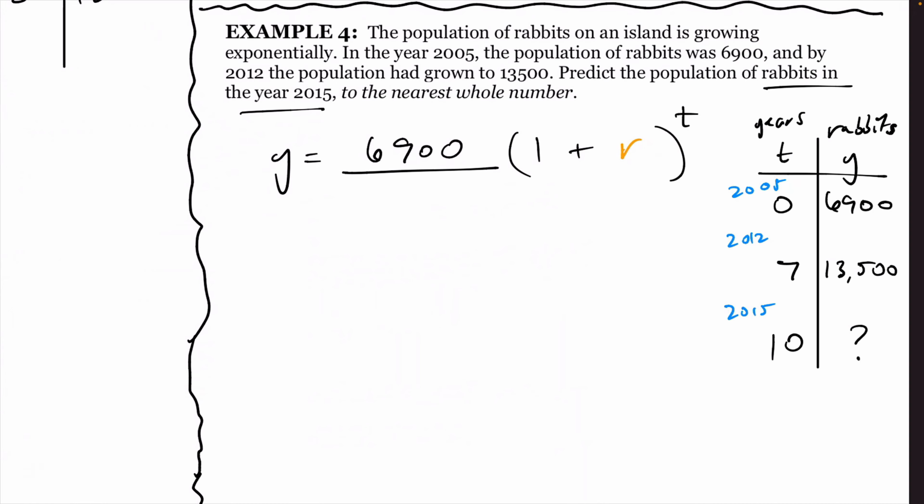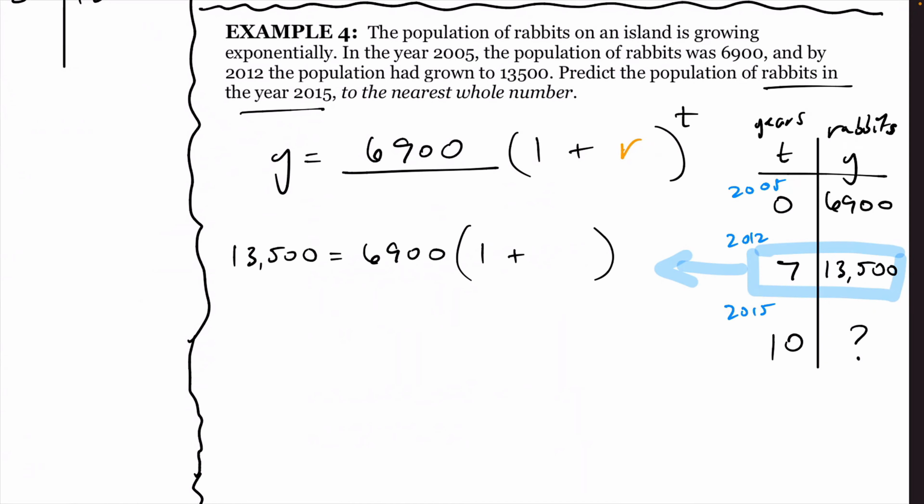Okay? So I'm going to do what I've always been doing. Pick the second one, plug it in. 7 years, 13,500 rabbits. So Y is rabbits, and that's after 7 years.